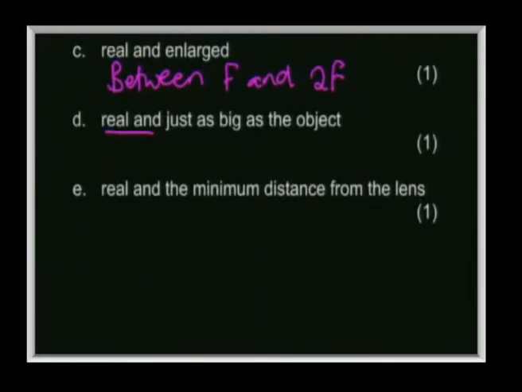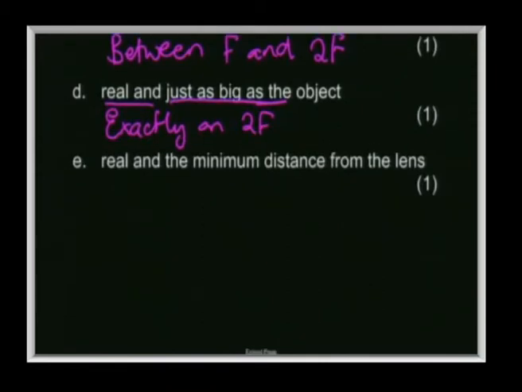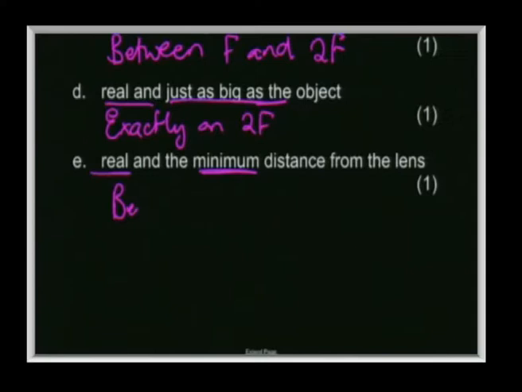When I want it to be real and the same size as the object, then that is where it is exactly on 2F. And the last one they ask over here, if I want my object to be real and the minimum distance from the lens. Okay, so as close as possible to the lens. Remember what I just said, the further away, the closer to the lens it would be. So I'm again going to look at something that is beyond 2F.